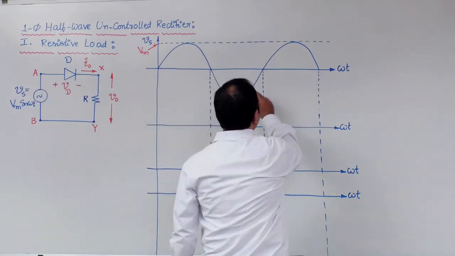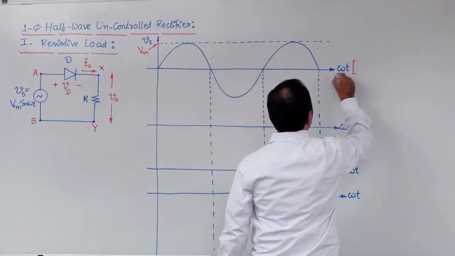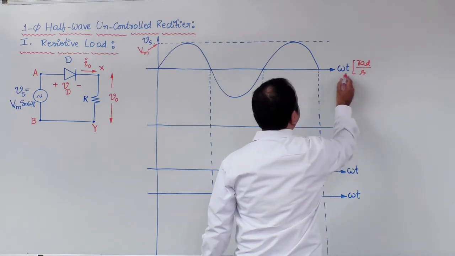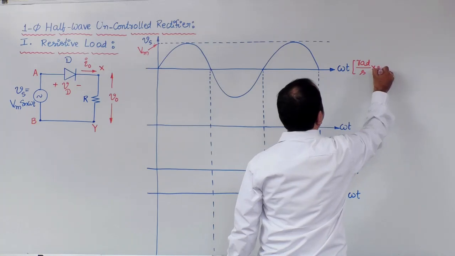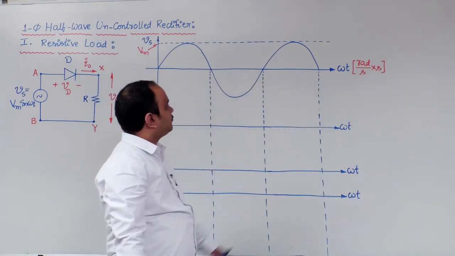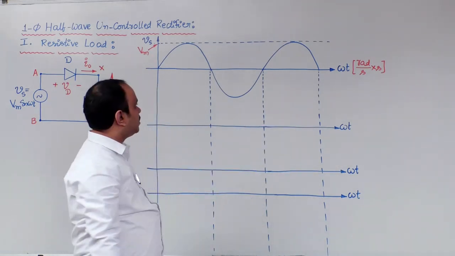Here the x-axis is measured in omega t. That means the units for omega are radian per second multiplied with second. Therefore, second and second will cancel out.